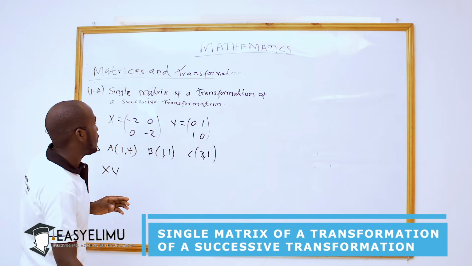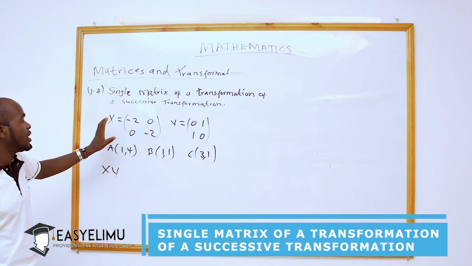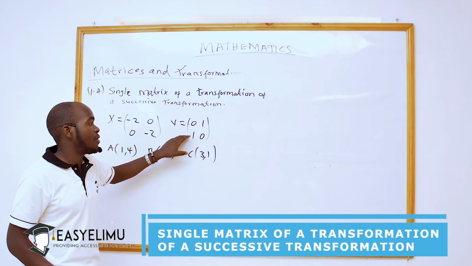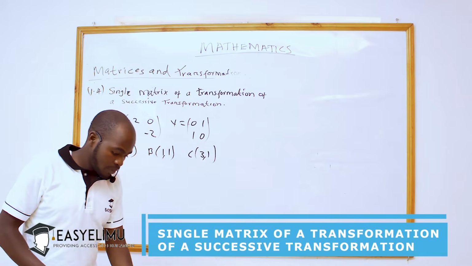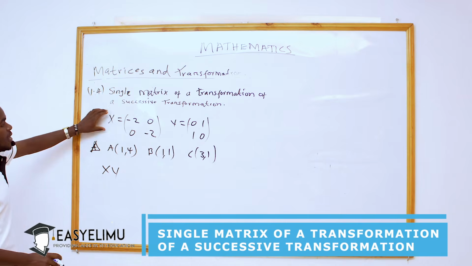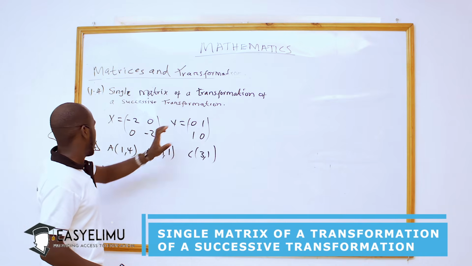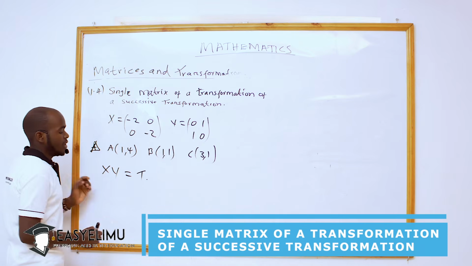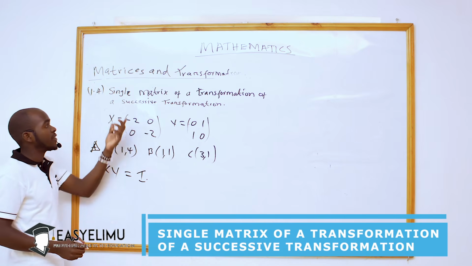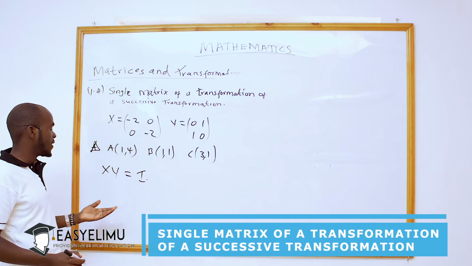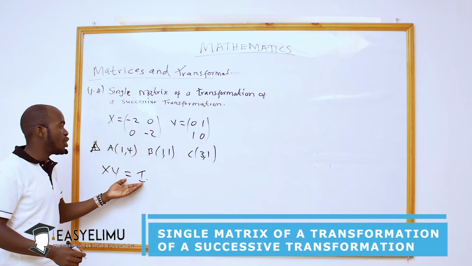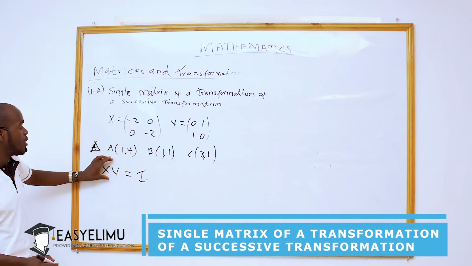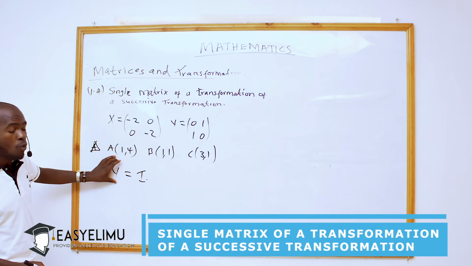We shall find a single matrix of these two successive transformations. Having given x and y, we can find xy to be our T, where T stands for our single matrix in this case. T will be obtained by taking the matrix of x multiplied by that of y.